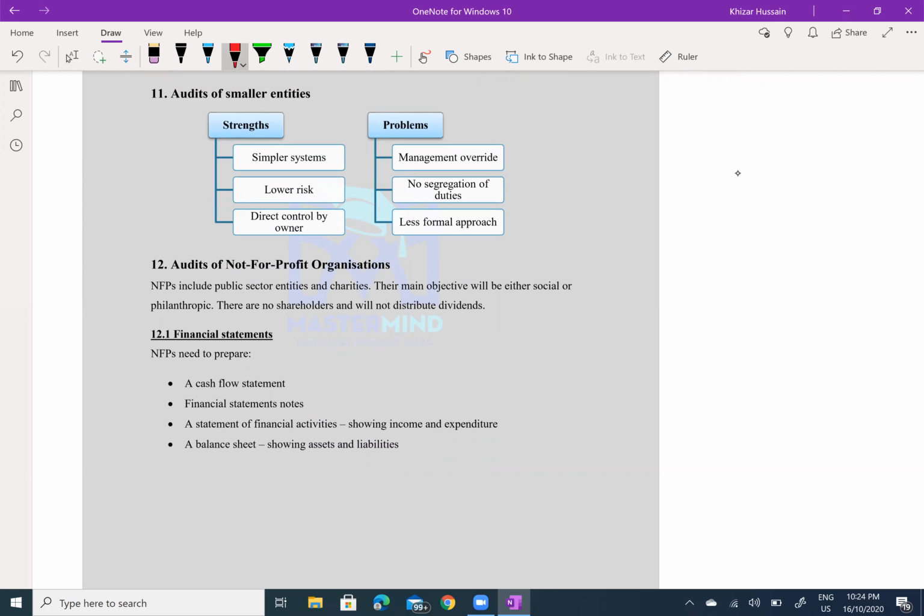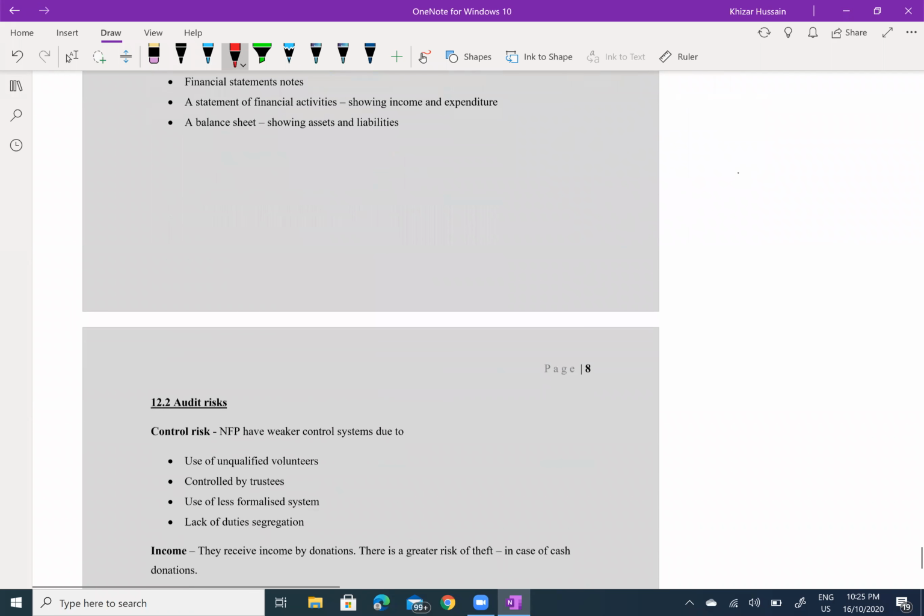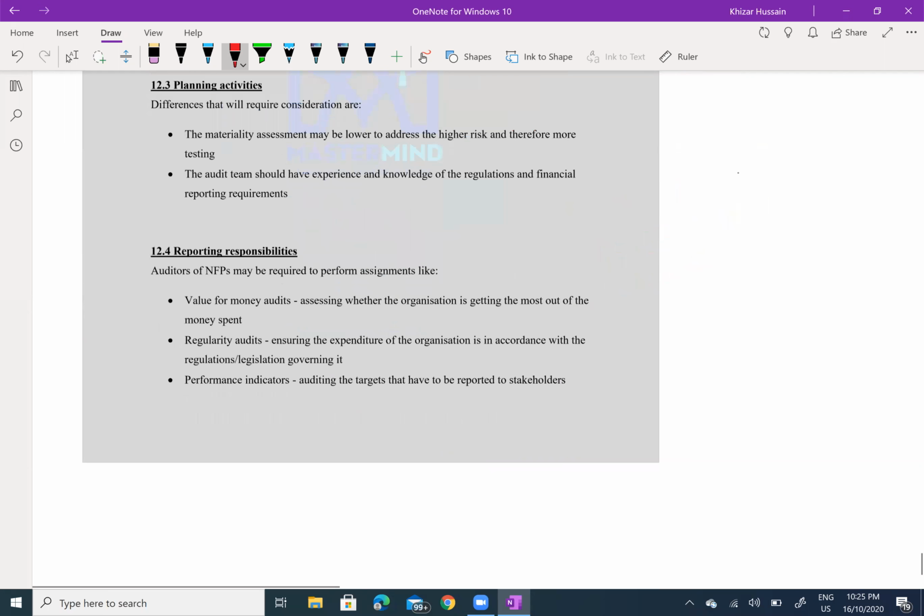No, sir. All right. Now this is your reading material as your homework before you come to the next class on Monday. And on Monday we will do audit procedures for audit of small entities and audit for NFPs, not-for-profit organizations.